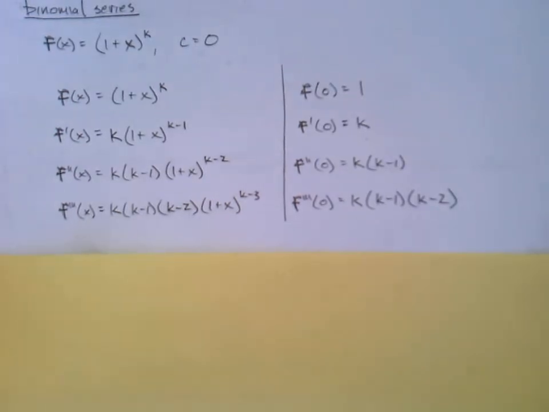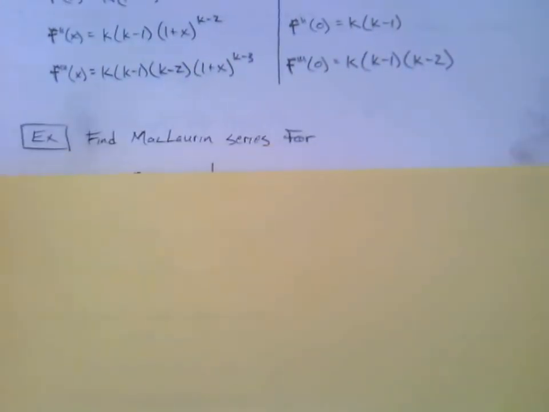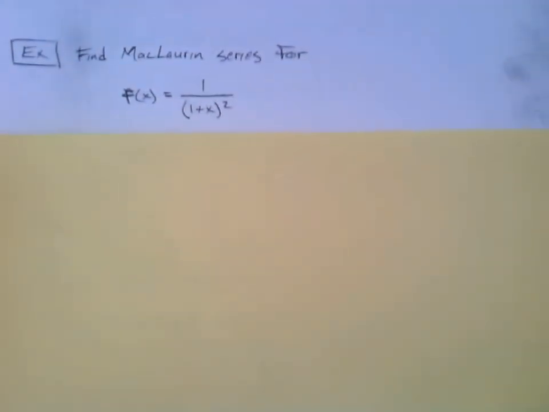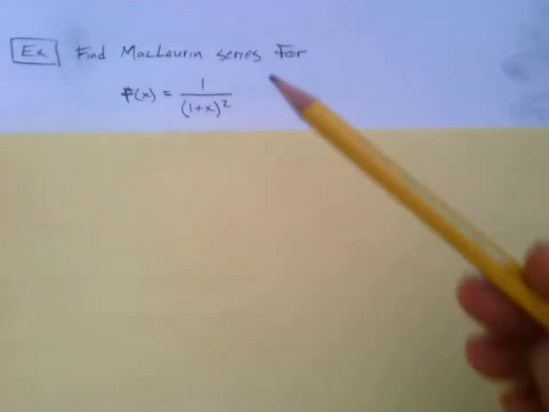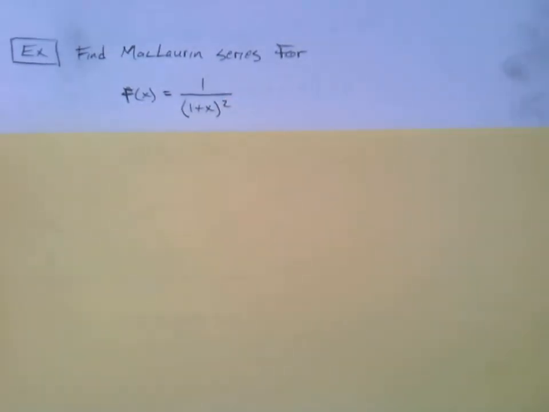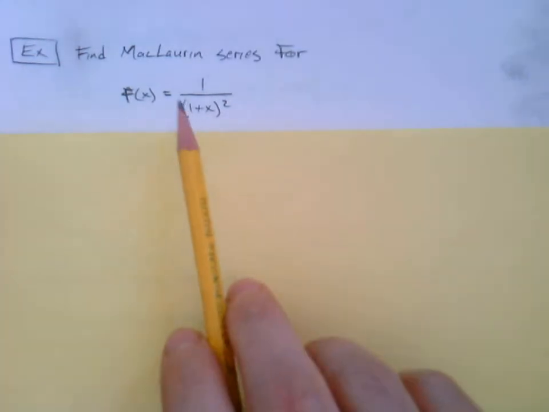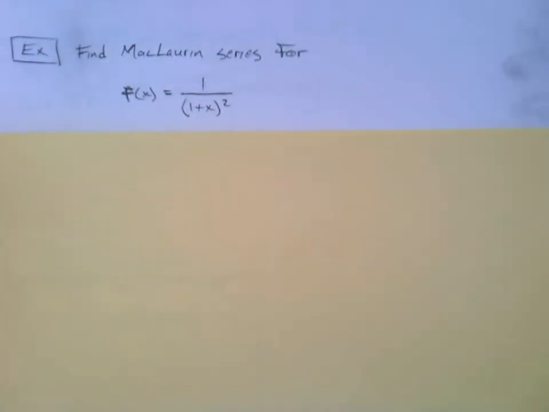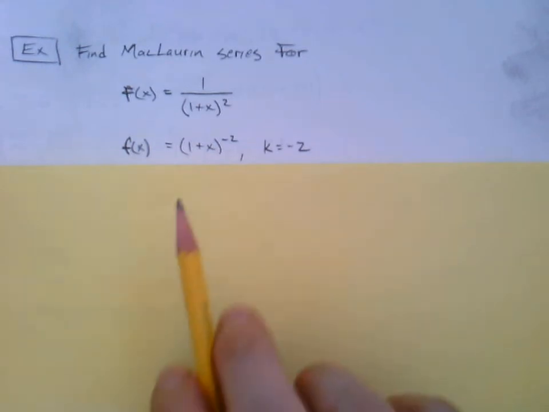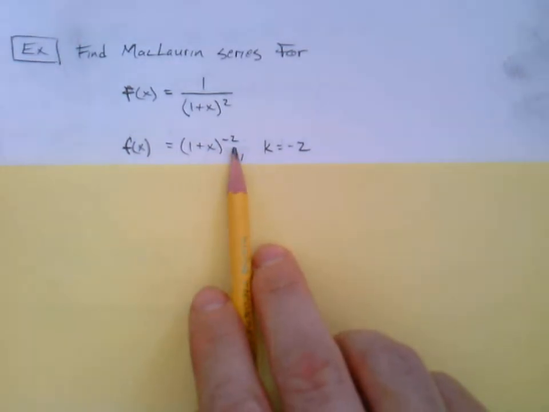All right, so let's use this idea for this example right here. Find the Maclaurin series for 1 over 1 plus x squared. Okay, now we know we're centering at 0 because it's a Maclaurin series. And we can recognize that as a binomial series if we think of it as 1 plus x to the negative 2.